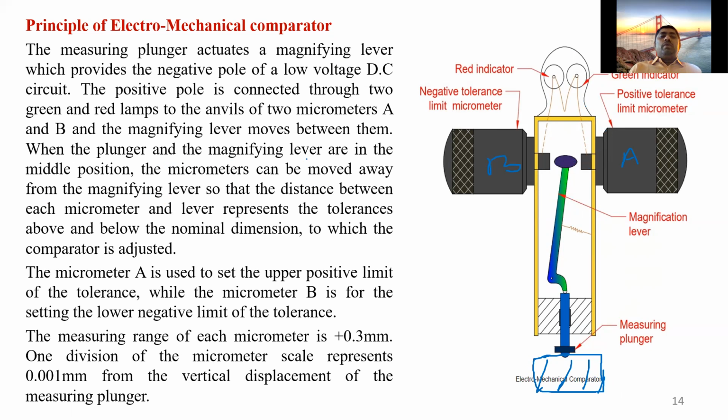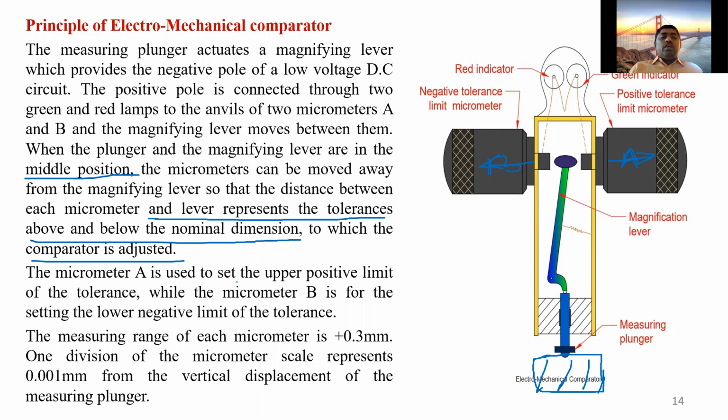When the plunger and the magnifying lever are in the middle position, the micrometers can be moved away from the magnifying lever, so that the distance between each micrometer and the lever represents the tolerances above and below the nominal dimension to which the comparator is adjusted. The positive tolerance limit micrometer sets the upper limit of the workpiece, and the negative tolerance limit micrometer sets the lower limit.